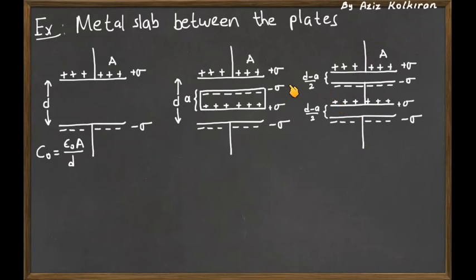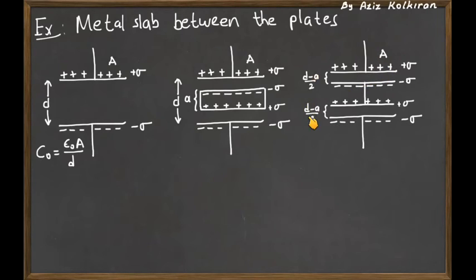If we insert the metal slab right in the middle, then the distance of these parallel plate capacitors will be equal to (D minus A) divided by 2, because A is the thickness of the slab and D is the total distance between the original plates. So this is the final distance between the plates, (D minus A) divided by 2.